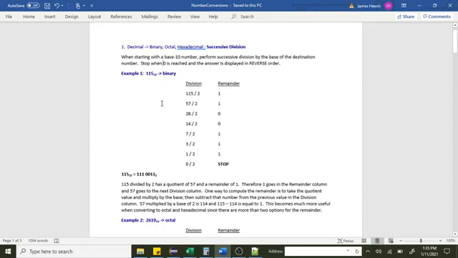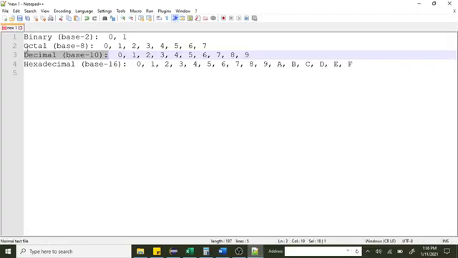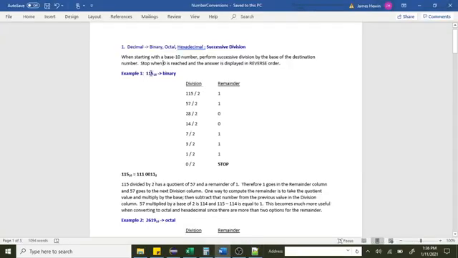I think it's good to look at examples. Let's look at example 1, where I have the number 115. The subscript 10 indicates base 10; if you put a subscript 10 beside a number, that also indicates what base it is. So we start with 115 in base 10, and I want to transition to binary, which is base 2.